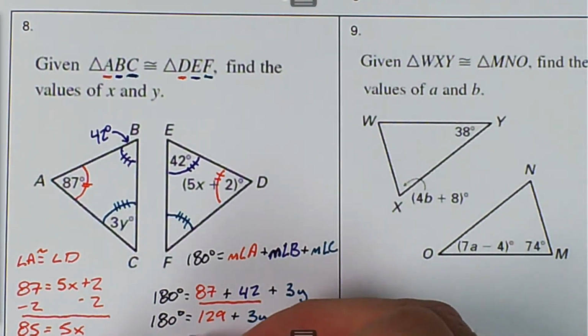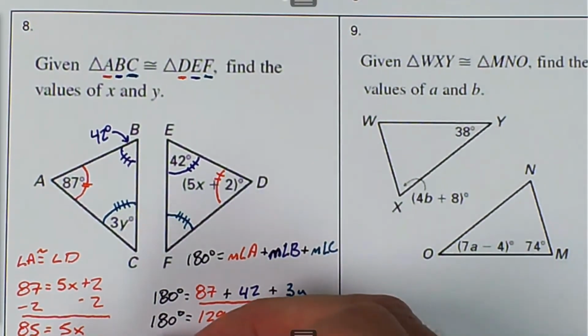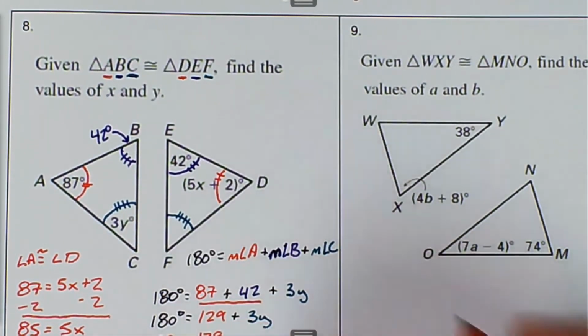And then we can subtract 129 from both sides of the equation. And then we get 51 is equal to 3Y.